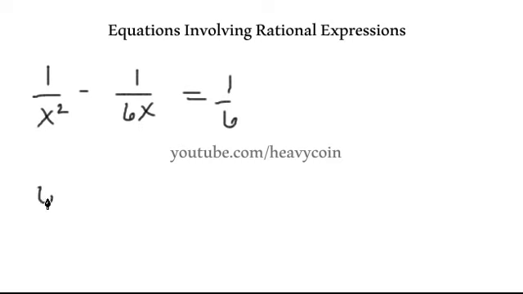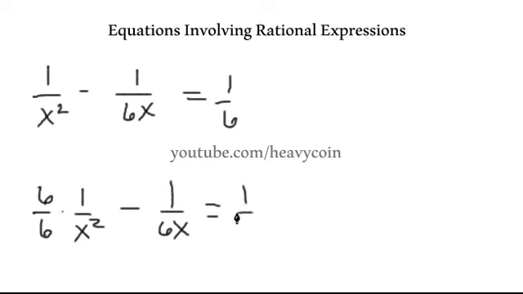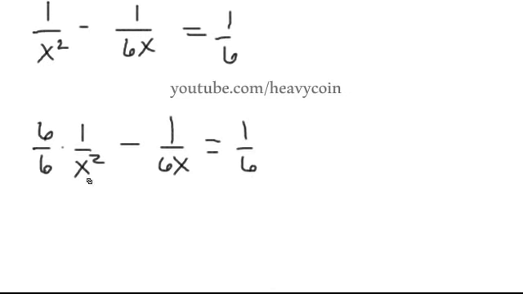So I'm going to say 6 over 6 times, we'll just do this one step at a time, minus 1/6x is equal to 1/6, and so I'll rewrite this, and so you end up with 6 over 6x squared.